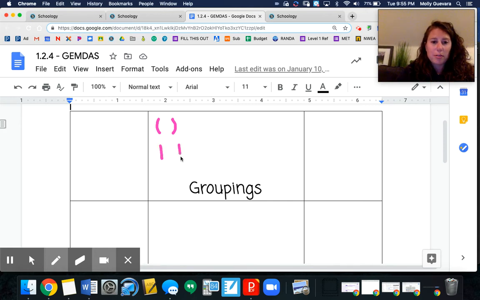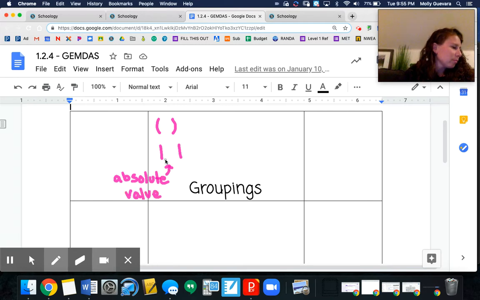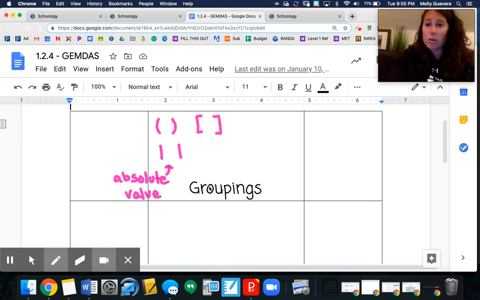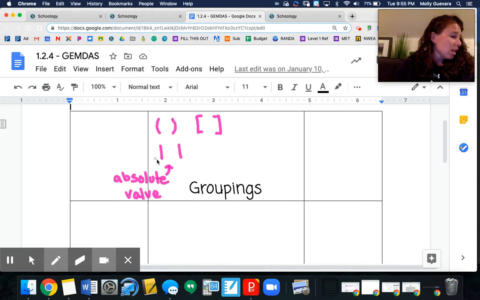I can have absolute value. So those straight lines, and I'm going to write here that this is absolute value. Those bars. I can also have square brackets. So that's another type of grouping. So if I have those, I'm going to do those first. I can have what I call Batman brackets, the little squiggly ones.